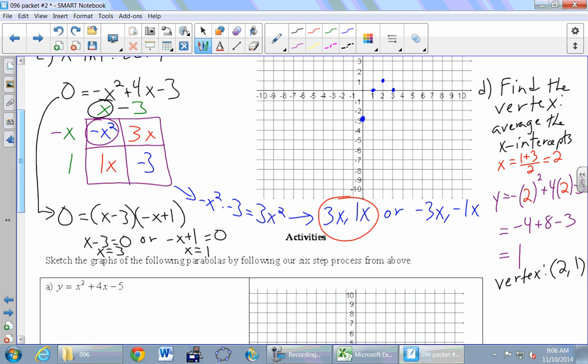That seems reasonable. Okay, and there's one last point we're going to plot before we connect the dots. You can imagine, you can see this parabola pretty well, right? It looks something like that. We're just going to plot one more point.